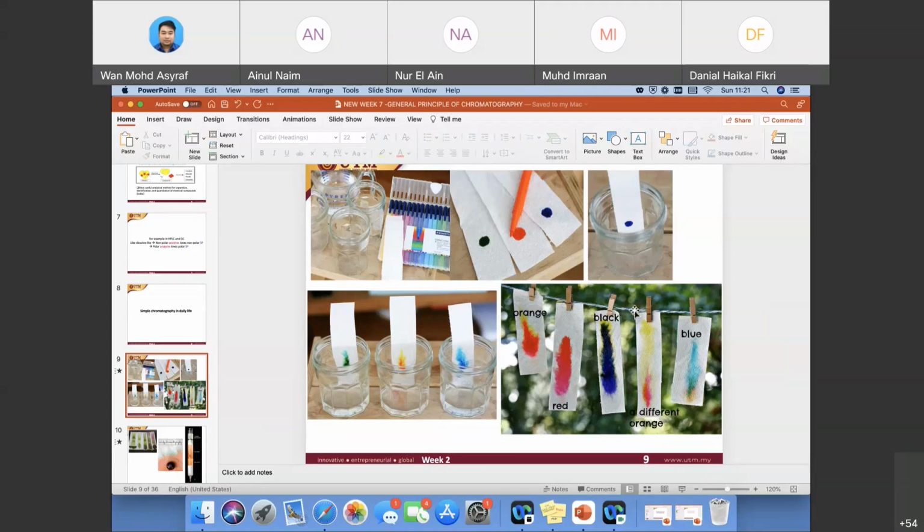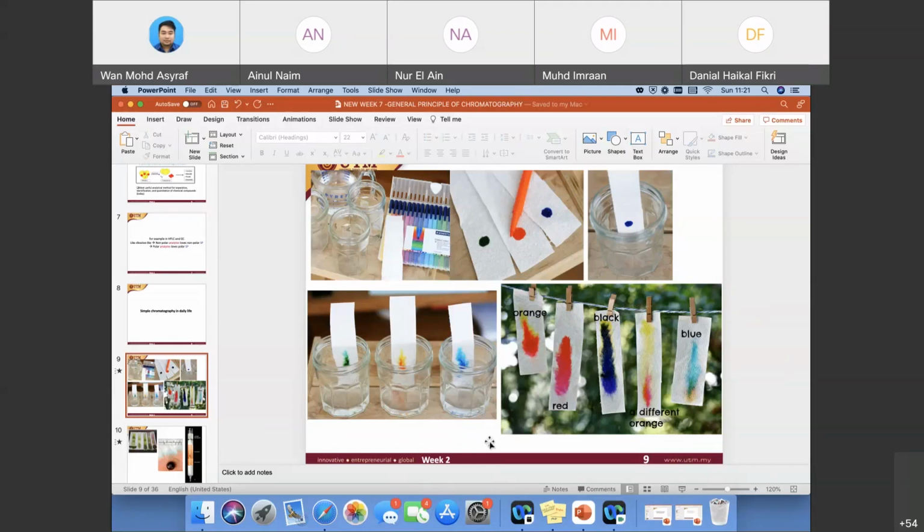You just place a dot onto the tissue paper, and then you place it into a glass which you fill with water. Later on, the water will move upwards. Okay, the water will move upwards.